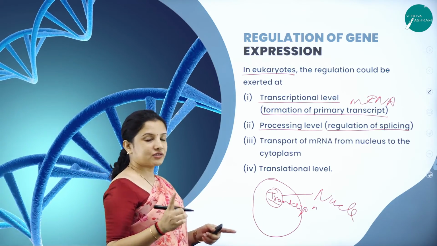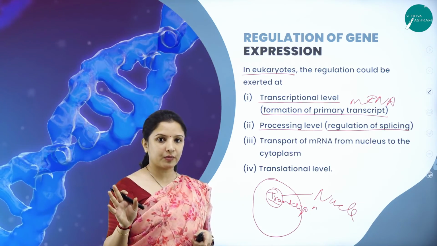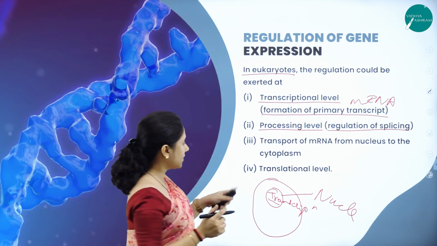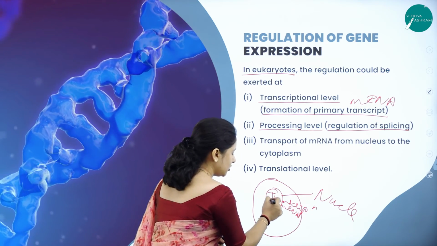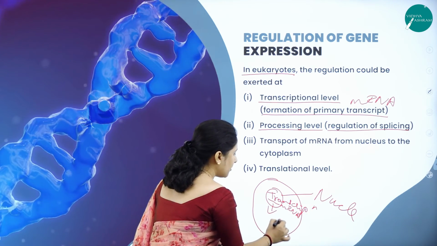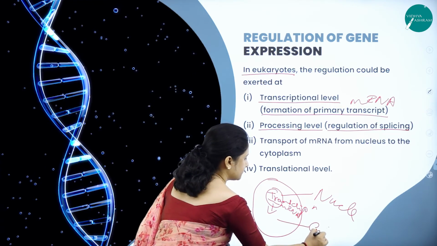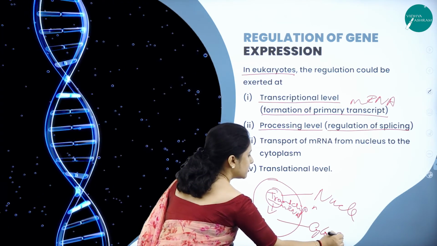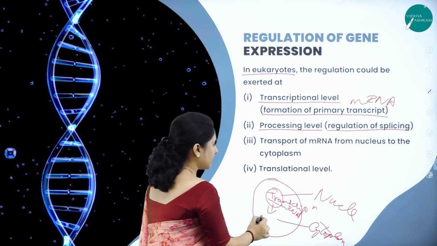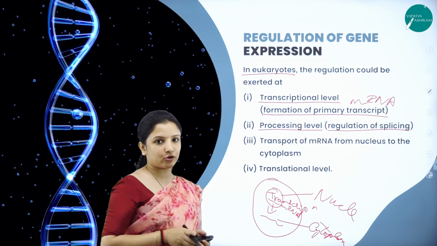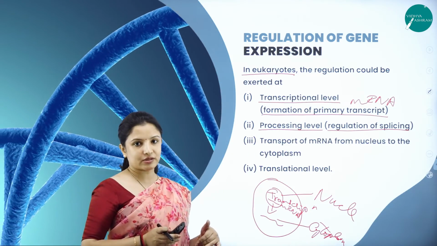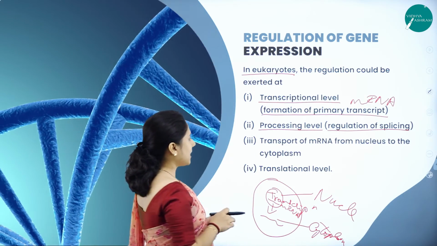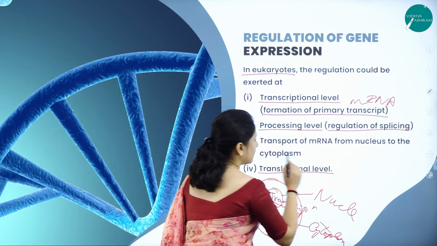Then the processing of the mRNA took place if it was a eukaryote. Now this mRNA strand that is inside the nucleus has to come out into the cytoplasm. So the mRNA strand will come out into the cytoplasm. Once the transport of mRNA from the nucleus to the cytoplasm occurs, then the translation will occur.